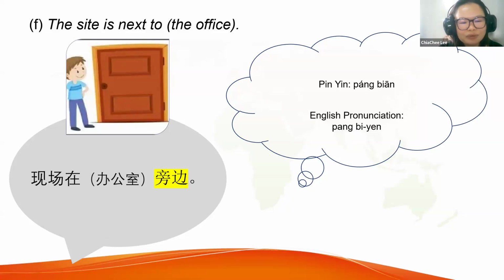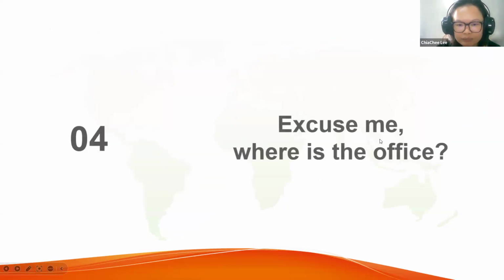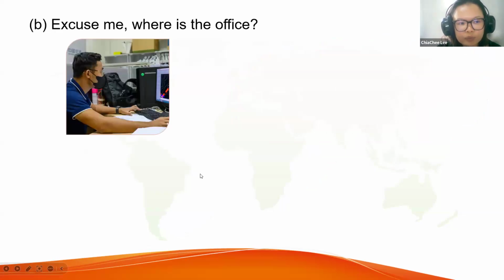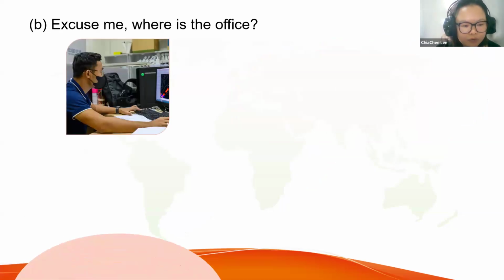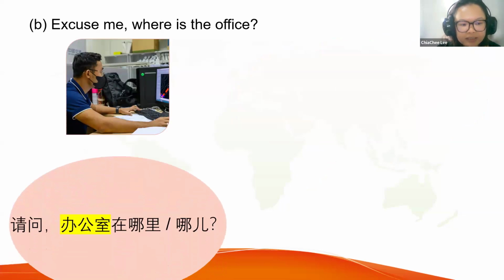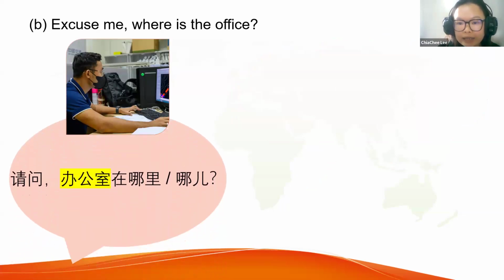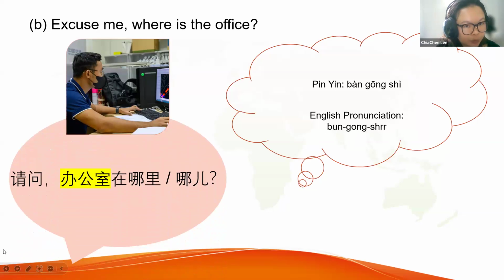So when people ask questions like, excuse me, where is the office? We know the office is the subject. When this question pops up, we know they are checking on 办公室. So 请问办公室在哪里?